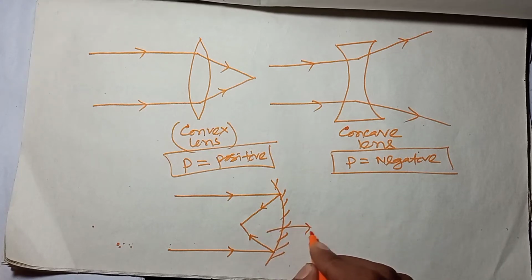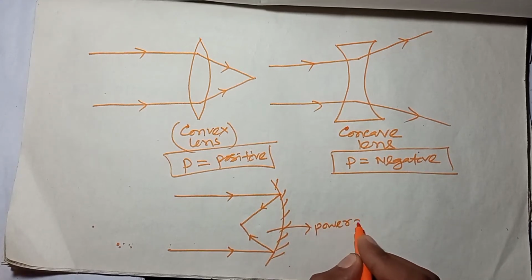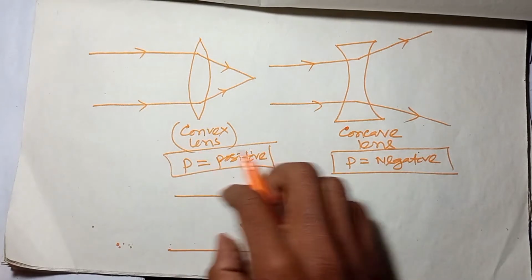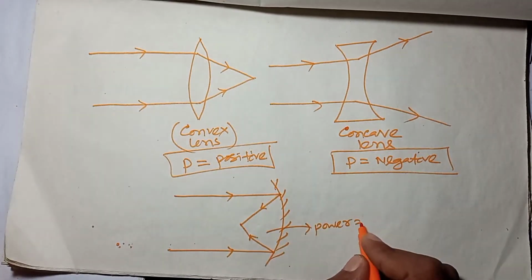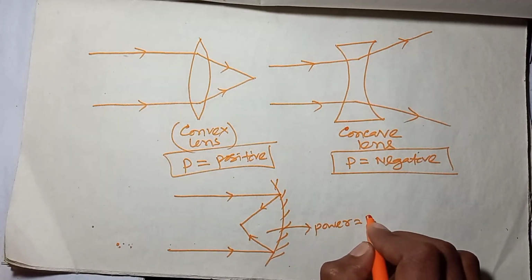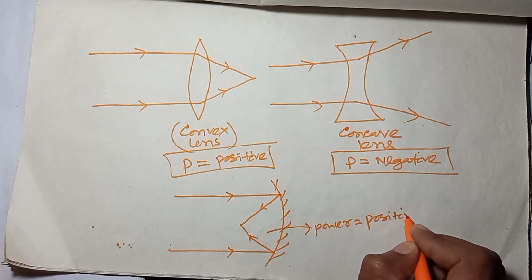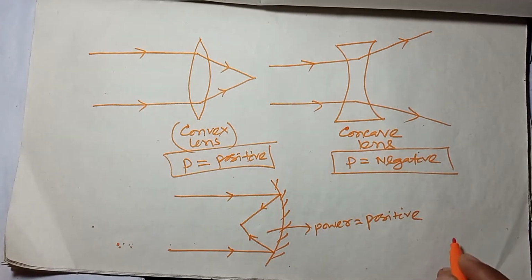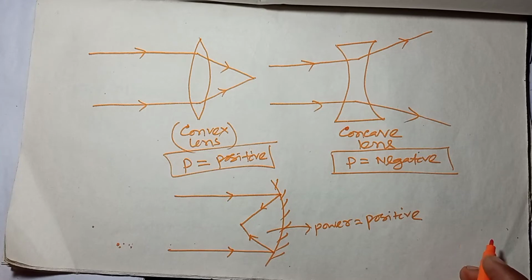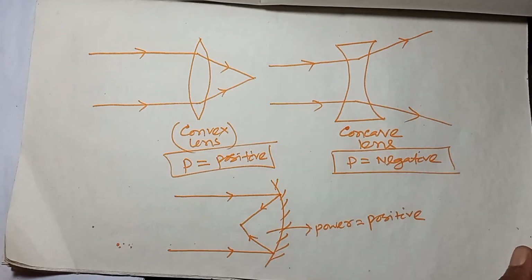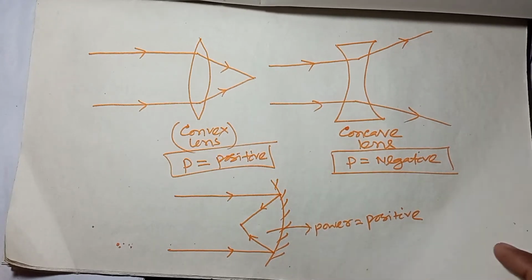So the power of this device will be positive, as it is converging the parallel incident rays. Similarly, the power of a convex mirror will be negative.